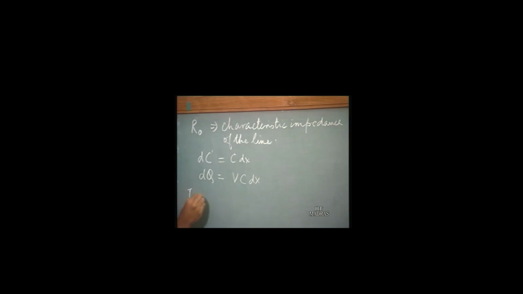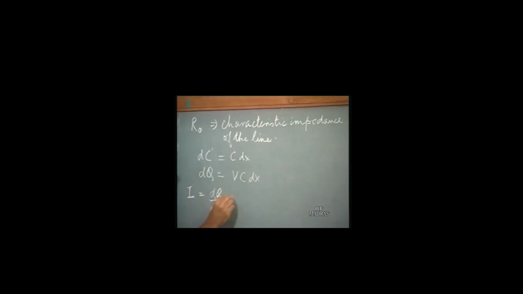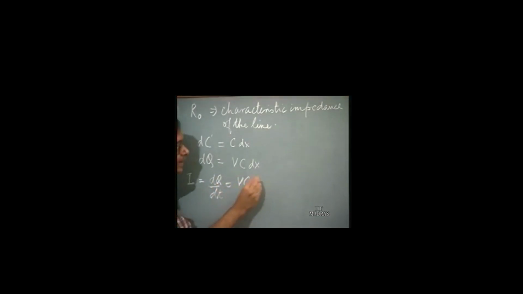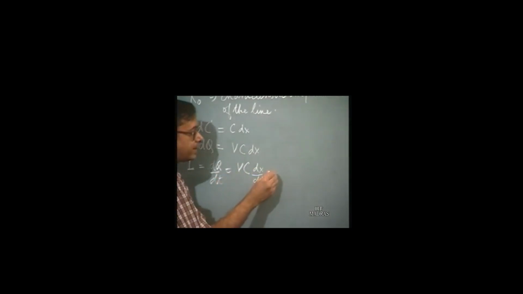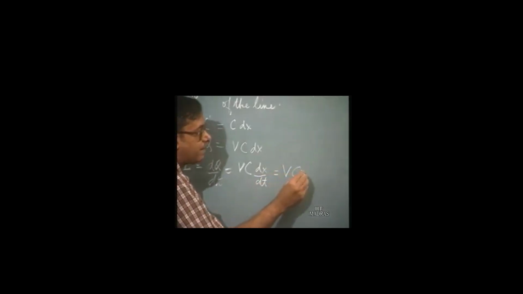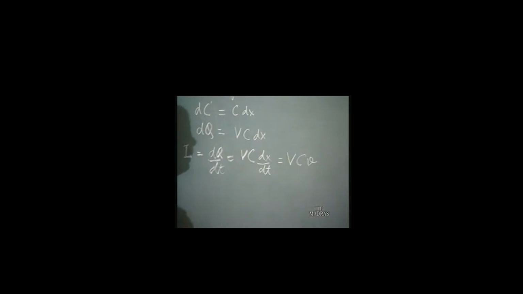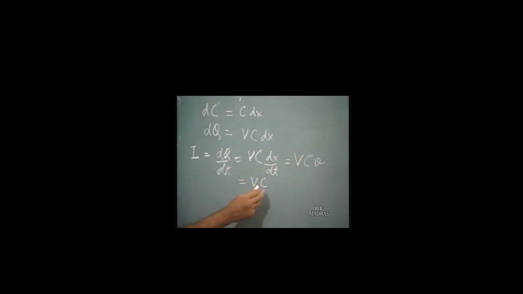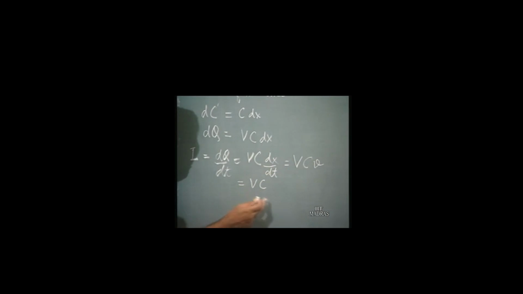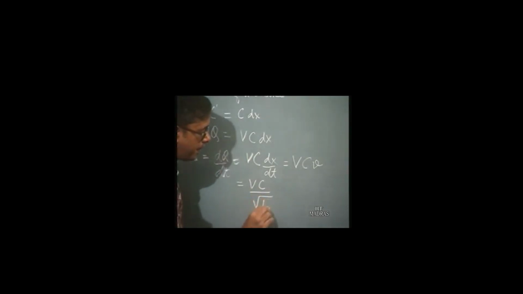The current is given by dq/dt. So we get V C dx/dt, which is nothing but the velocity. So we get V C v. Now, v we have already seen is nothing but 1 by root LC.